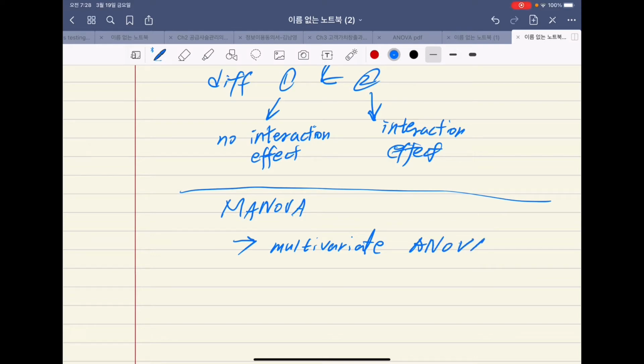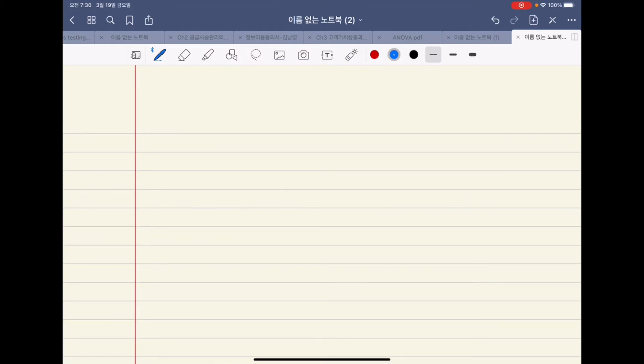Okay. So what is multivariate ANOVA? Suppose you have a region here, right? So you have 3 different regions, and this is the store size. Okay, 1, 2, 3. So you have 2 factors, right?